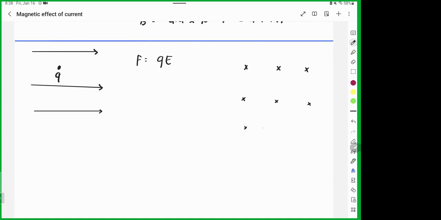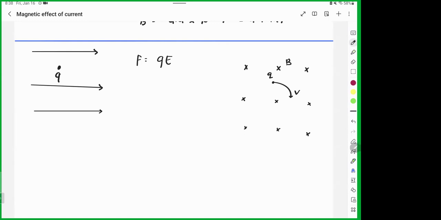When you have a charged particle, the charged particle will move. Example, if you have a charged particle Q, it will move in the presence of the magnetic field. When it moves, it has some velocity in the presence of the magnetic field.